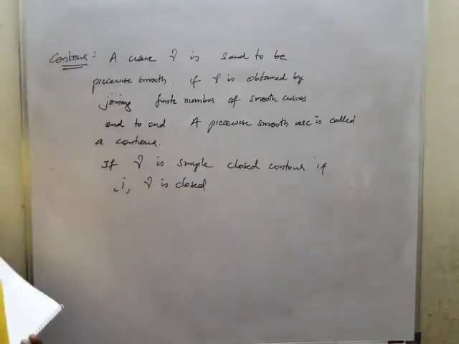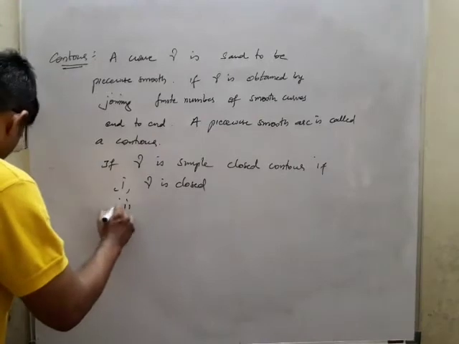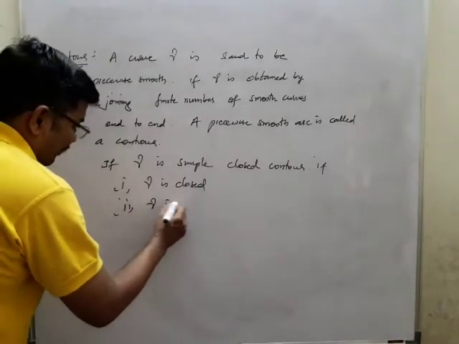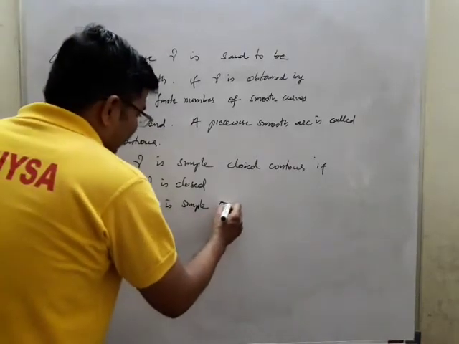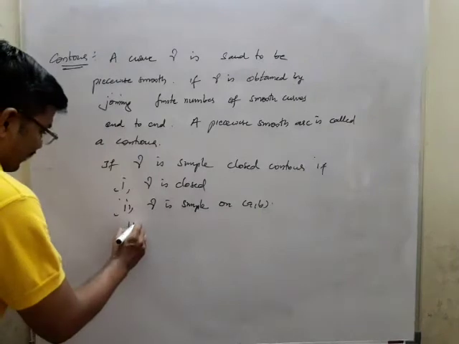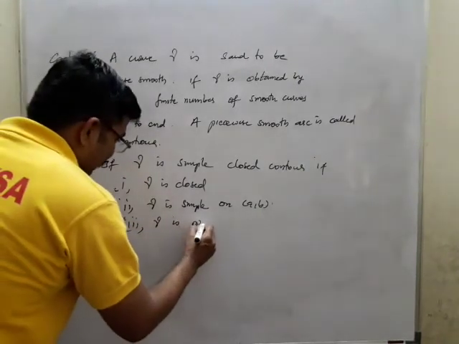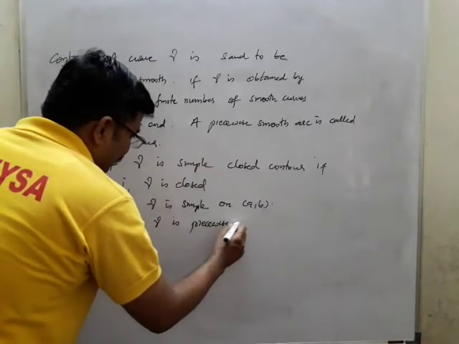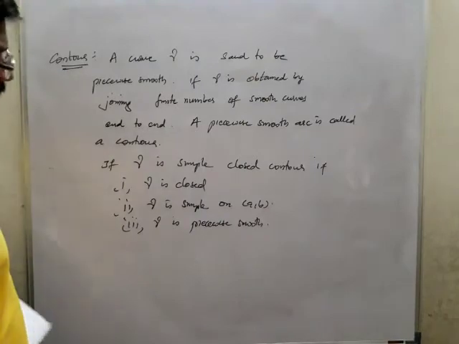Second, gamma is simple on A, B, where A and B are the two endpoints. And the third is that gamma is piecewise smooth.